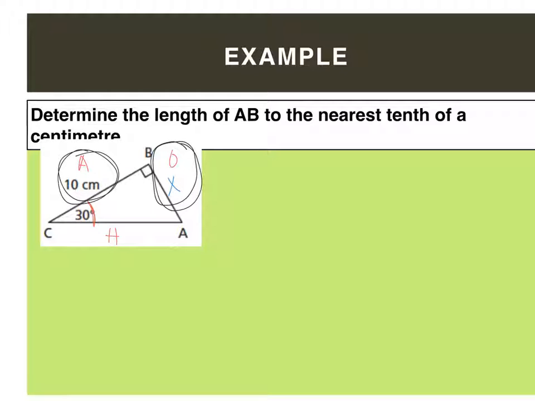Now I have the angle. So what I'm going to write is tan 30. That's where the angle goes, because I know what the angle is. The angle's 30. So I'm going to write tan 30 equals, and then I do opposite over adjacent, right? What's my opposite? X. I don't know what it is yet. And my adjacent is 10.